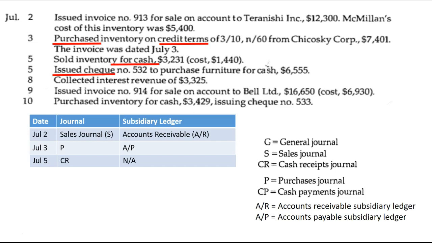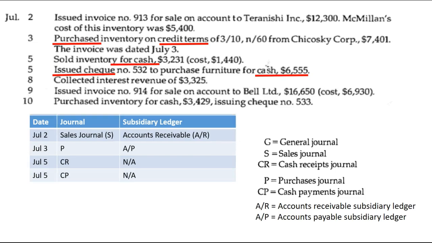Again, it's a check issued, but they're purchasing with cash. So effectively it's a cash transaction, and in that case, it's going to be a cash payments journal entry. And again, no accounts payable is being created or used, so that ledger entry is not required, so again, not applicable.